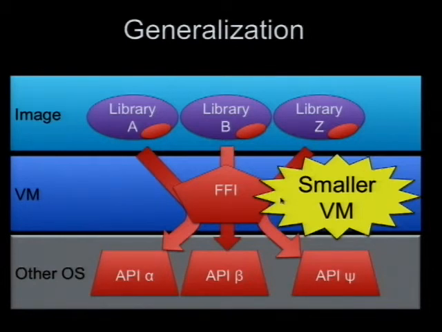On the VM side, we'll have the minimum stuff, which is the interpreter, the garbage collector, maybe a JIT, although sometimes there are implementations that can be at the language level, and that's it. Everything else is at the image side. So you have all libraries going through FFI and calling the appropriate system libraries. And that's it.